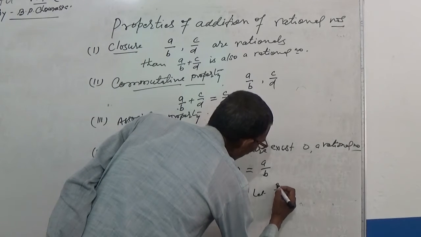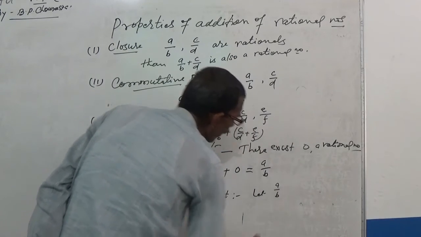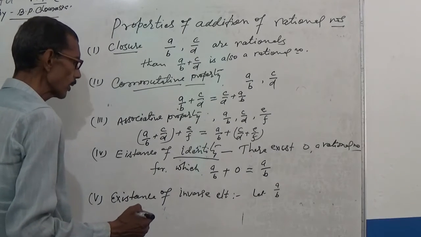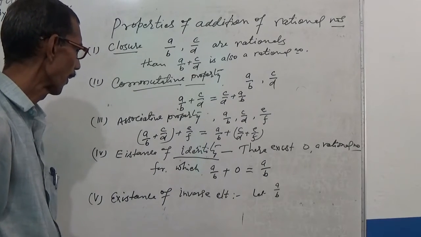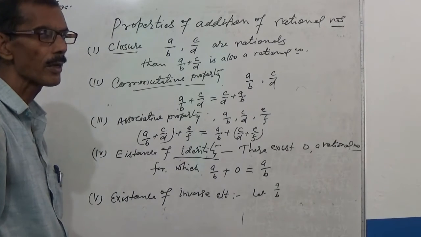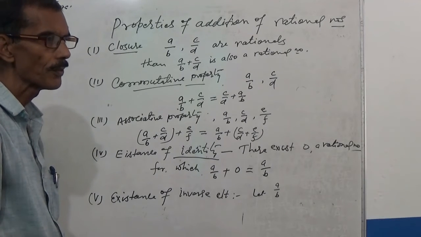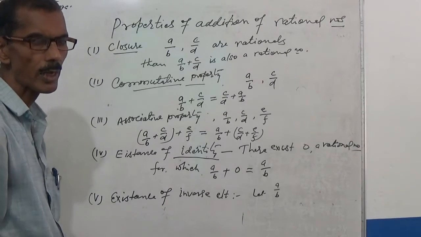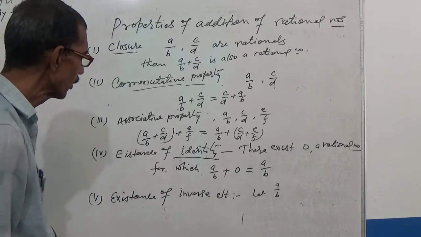Let A by B be a rational number. As you know, for each rational number there exists its negative also in the collection of rational numbers.